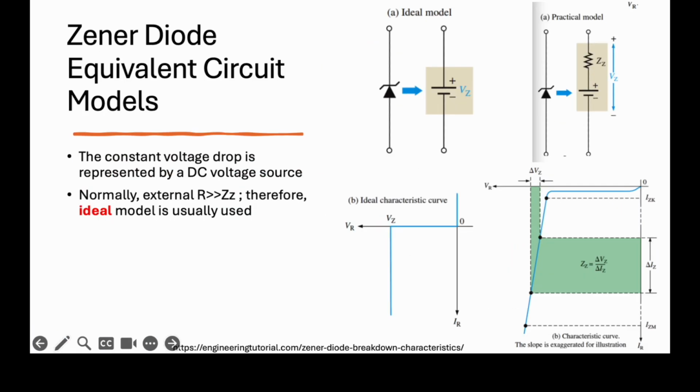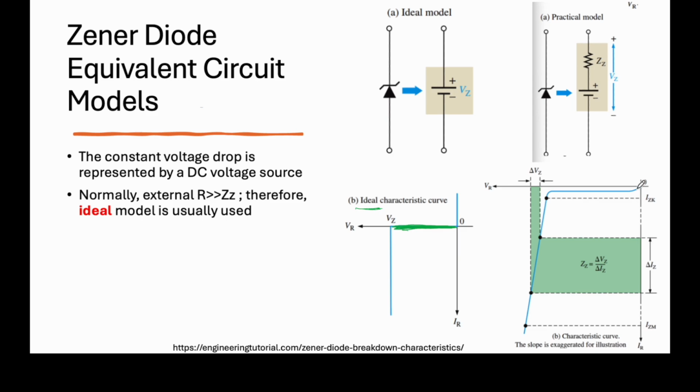All right, so we can see here this is the Zener. For the ideal characteristics of a Zener, before VZ, the value of the reverse current will be exactly 0.